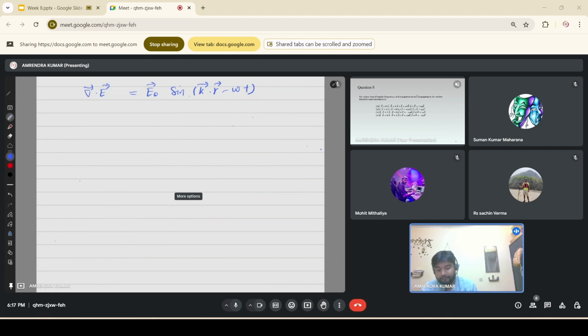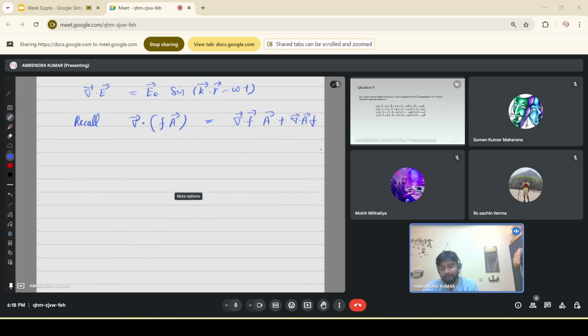Okay. So recall a formula. If you have the divergence of a function multiplied with a vector, you can write this as del dot f times A plus del dot A times f. Okay.